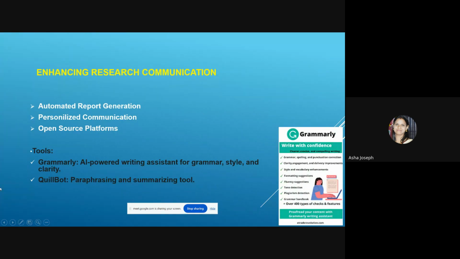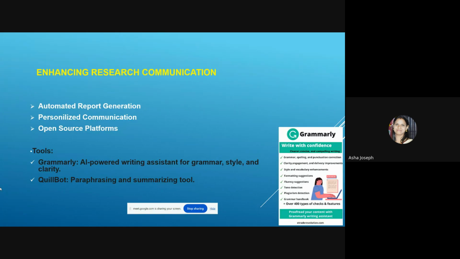Okay. So coming to the next topic, enhancing research communication. AI is transforming how researchers communicate their findings. Just doing a literature review or literature survey and implementing using some tools or searching for documents is not sufficient.